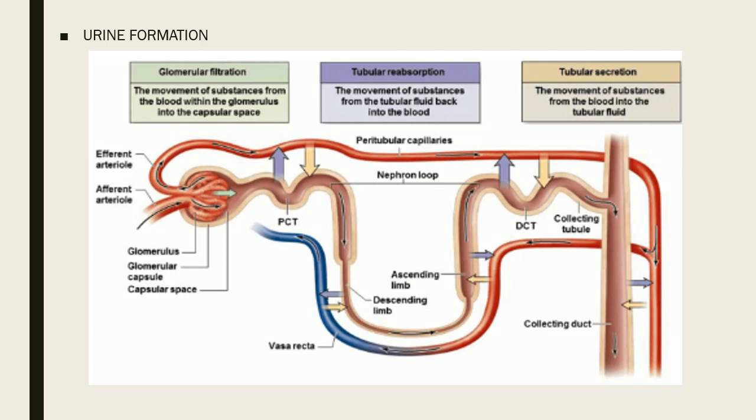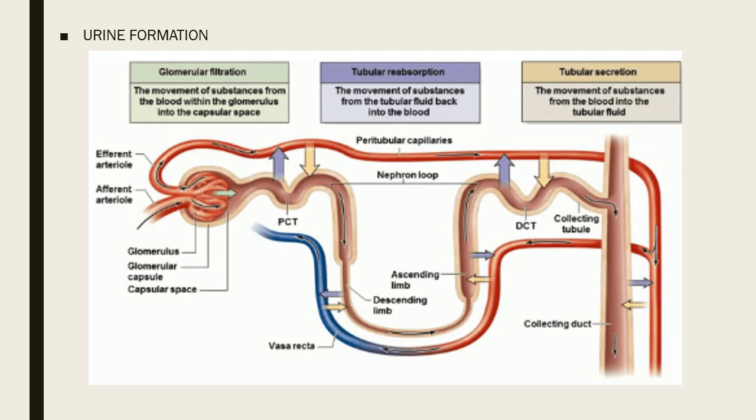In your reabsorption, molecules and ions are reabsorbed into the circulation. The fluid will pass through the components of the nephron: your proximal and distal convoluted tubules together with your loop of Henle and the collecting duct.